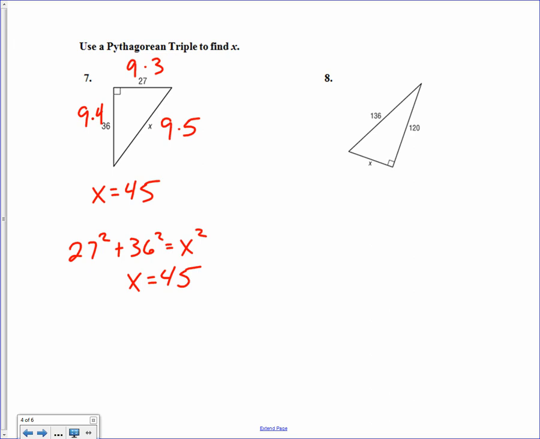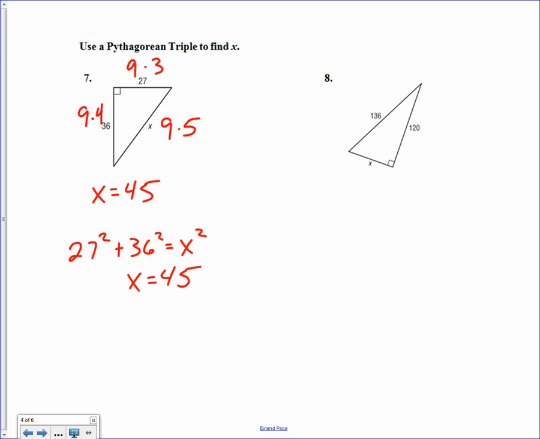All right, for the second one here, again, we'd be looking at what these two things have in common. And I believe it's 8.